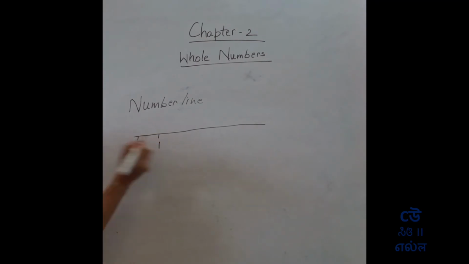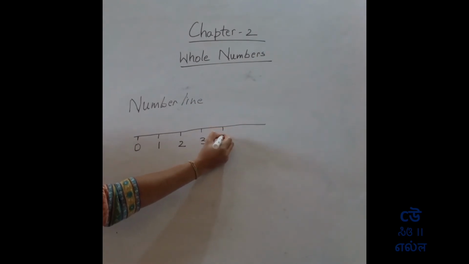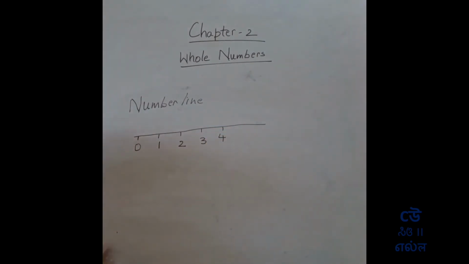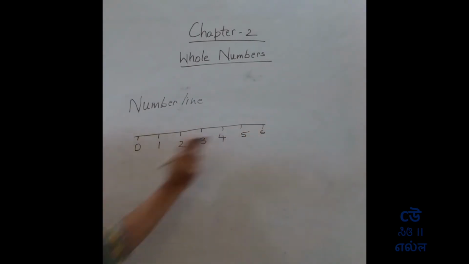We label it as 1. At the same distance we mark the third point, and label it as 2. Next, with the same intervals, let us mark a few points on the line. Understood, children?